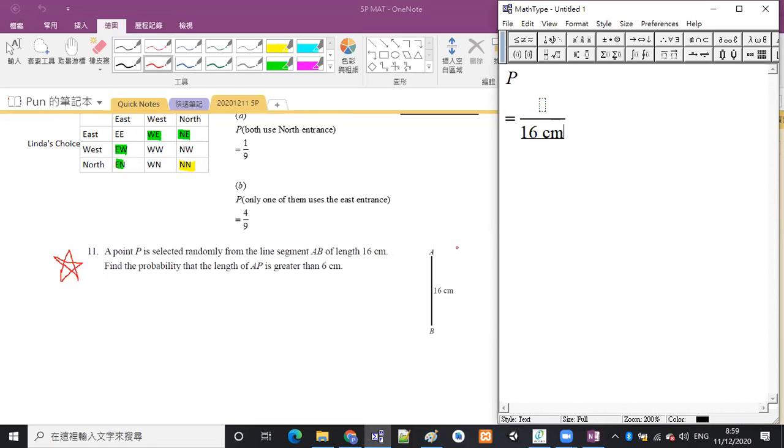Okay, although it is not countable, but we are just considering the range that we can do the selection from. Among this 16 cm, which of them or how much of them? I'm not asking how many because it is not countable. I'm asking how much of them can satisfy this requirement that the length of AP is greater than 6 cm.